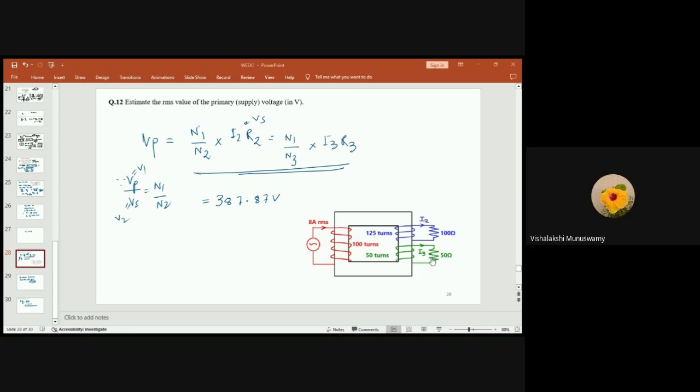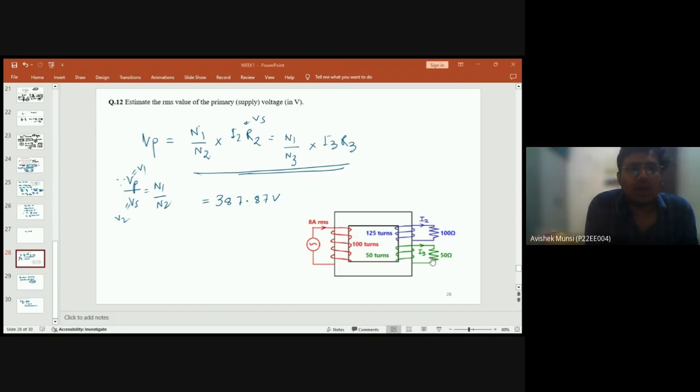Sir, actually V1 by V2 equal to N1 by N2, sir, into I2 by R2. In this case we have our tertiary and secondary winding like this, so we can't write it in the format where there is only a primary and secondary.